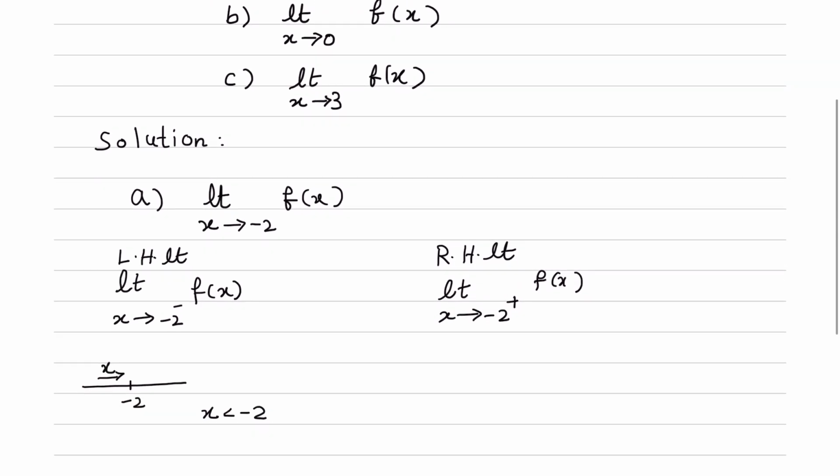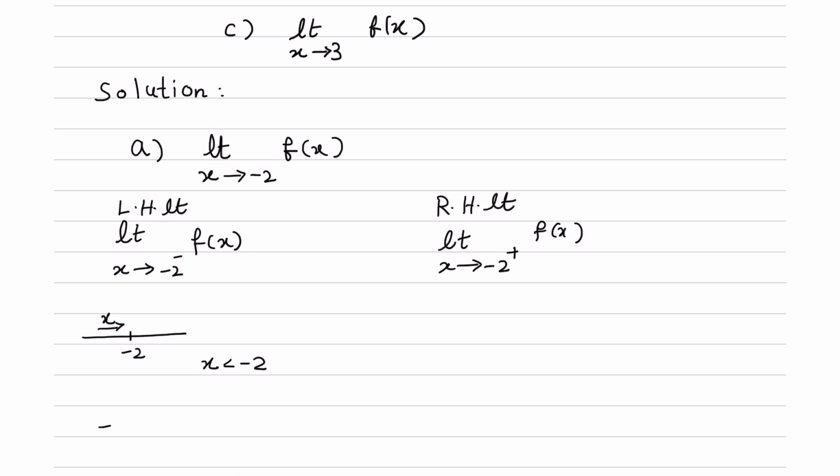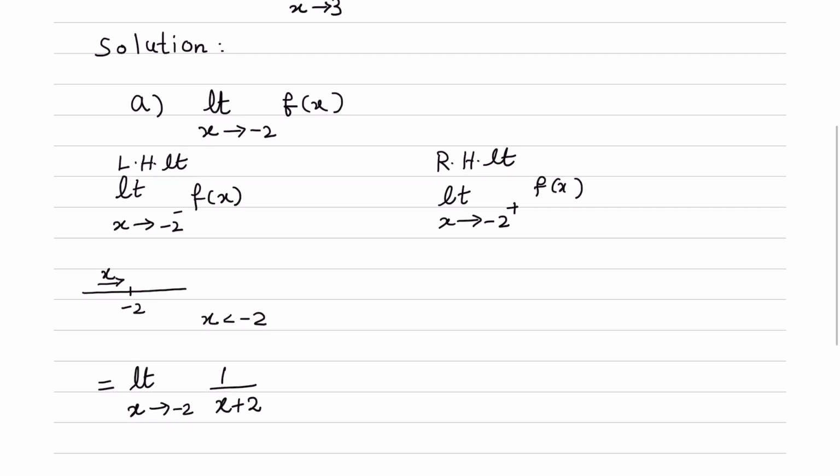So for the left hand limit, we will write the limit as x approaches -2, and the function is 1 over x plus 2. And now you can see that there is this tiny minus sign. We have removed it when we have decided the function. That function is 1 over x plus 2.